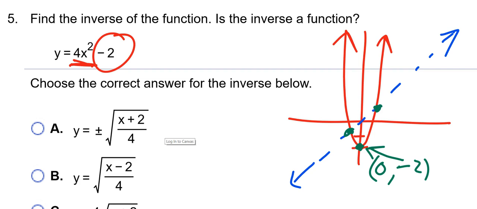Well, remember, what are we doing with x and y? Switching them, right? So where is 0, -2 going to end up? -2, 0. Exactly. Good answer. So that's over here, right?